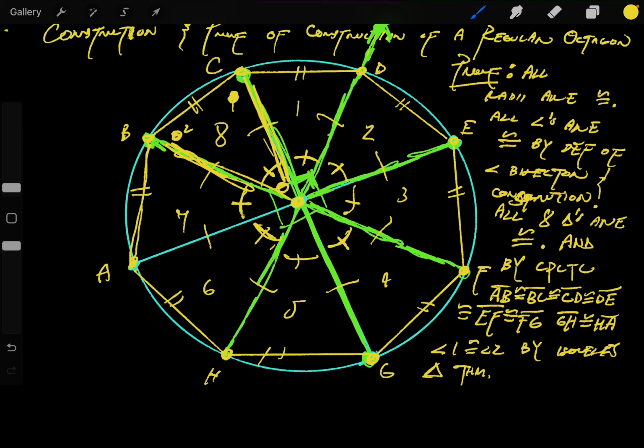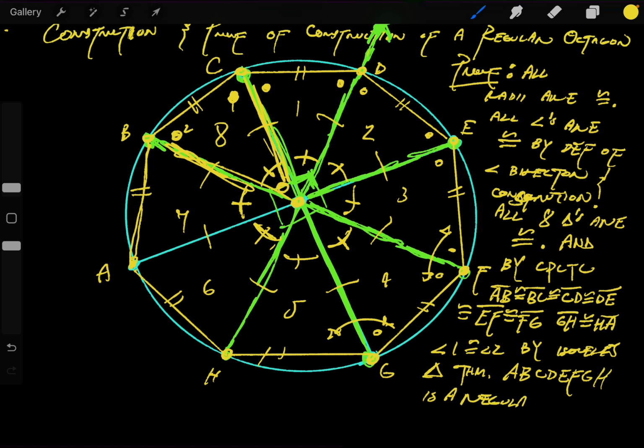Once I have that these two angles are the same, then this one is the same as this one, and by CPCTC, all of these angles are the same. Since all of these angles are the same, this angle must be the same as this one, and all of the angles are the same as well. And this shows that A, B, C, D, E, F, G, H is a regular octagon.